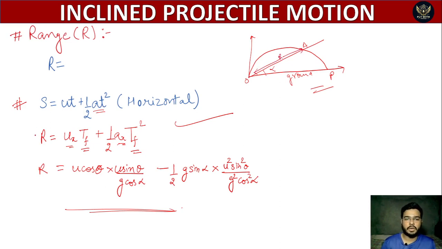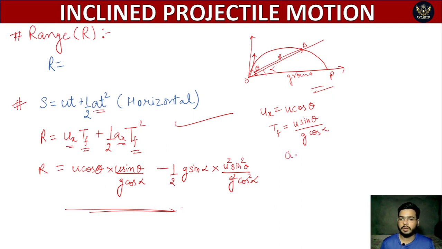So we will take R, and u in the x direction, which is ux, is equal to u cos theta. Here theta is the angle between the x axis and u, right? So this one is theta. Now we also have Tf, and what is the value of Tf? The value of Tf is u sin theta divided by g cos alpha, and then plus 1 by 2 ax.